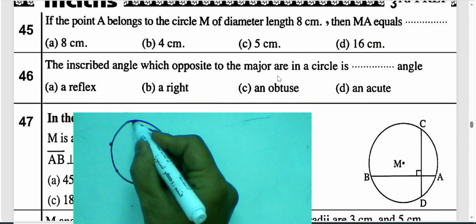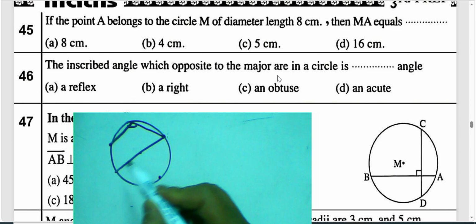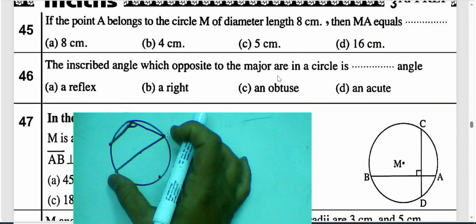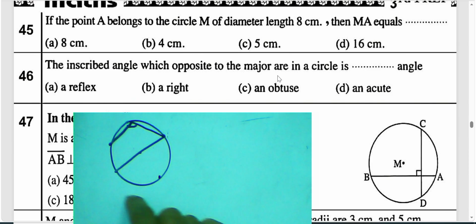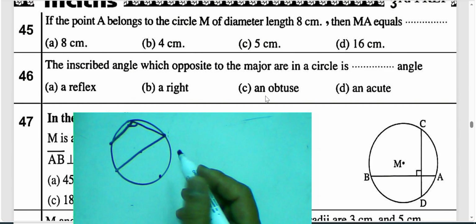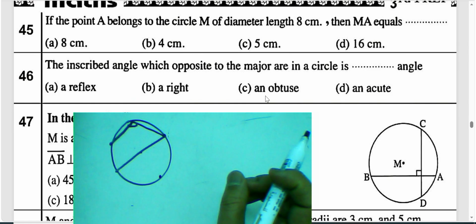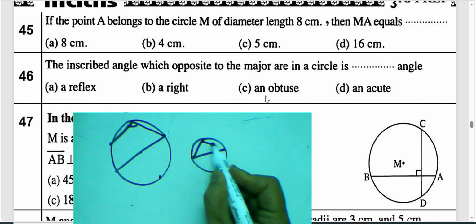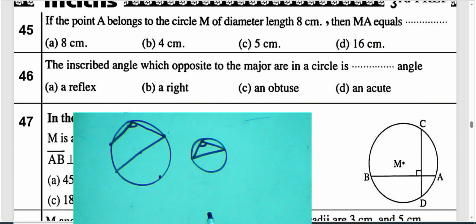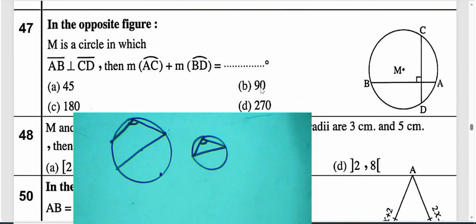I will draw this inscribed angle in the major arc, because we have here the diameter, and this inscribed angle drawn in the major arc will be acute. It shows letter C. But if the inscribed angle is drawn in the minor arc, it will be obtuse. And if the inscribed angle is drawn on the diameter of the circle, it will be 90 degrees. Okay, half of circle. Then the answer here will be an obtuse angle. It shows letter C. Next question.